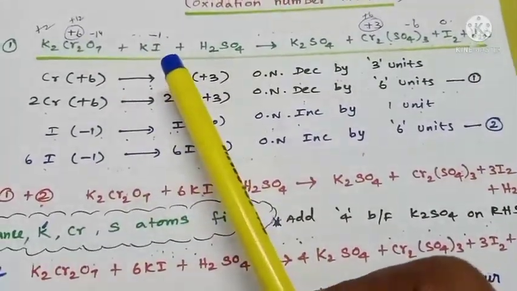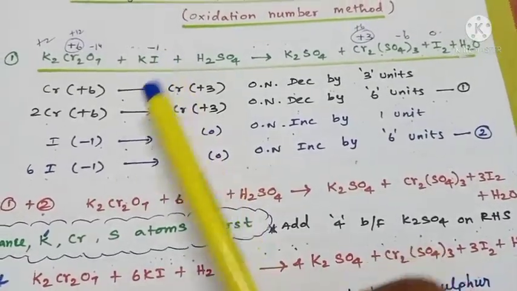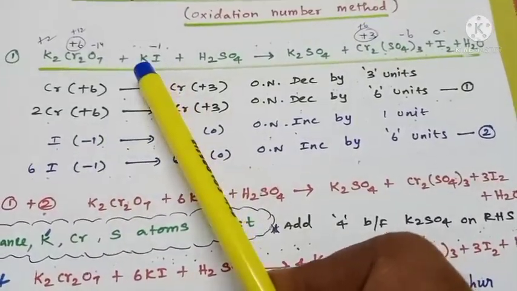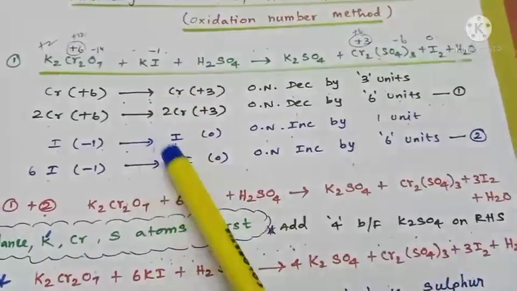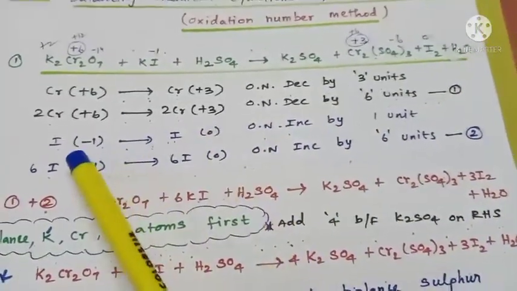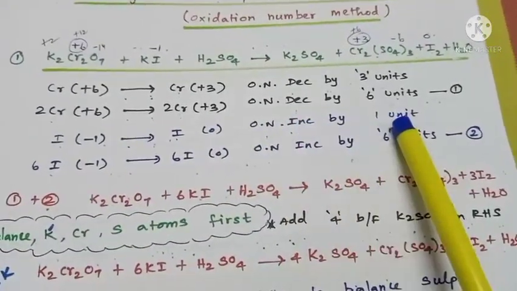Then the atom which undergoes oxidation is nothing but iodine, isn't it? Iodine left side oxidation number is -1 because potassium iodide is K plus 1, so I minus 1. Right side it is in molecular form, so oxidation number is 0. The oxidation number of iodine changes from -1 to 0, it increases by 1 unit.